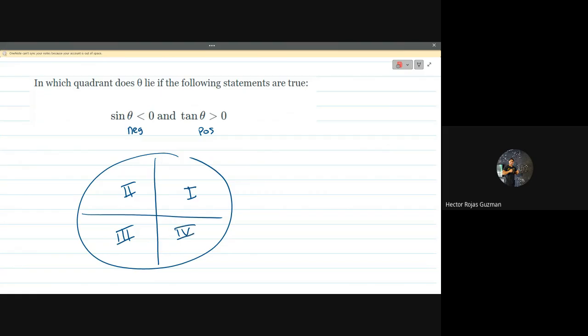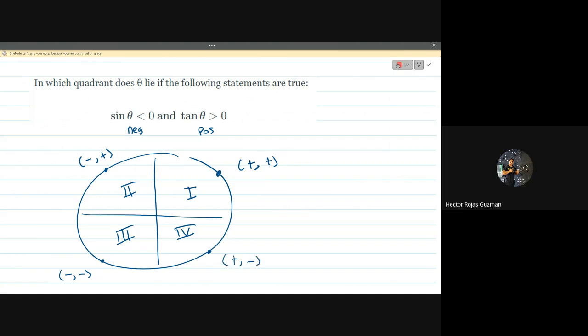If you think about drawing a triangle in any of these quadrants, the first quadrant is going to have a positive x value and a positive y value because we're moving to the right and up. In the second quadrant, x is negative, y is positive. On the third, they're both negative. And on the fourth, we have positive, negative.